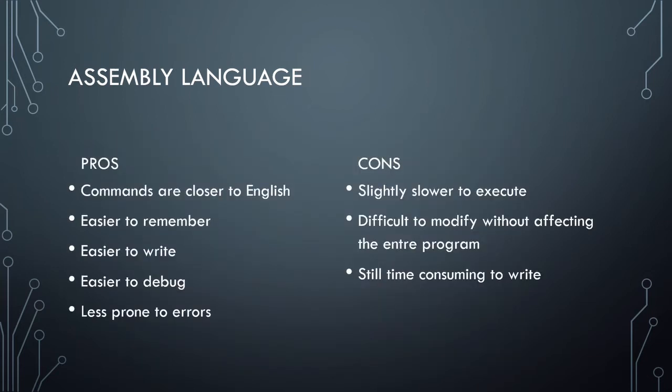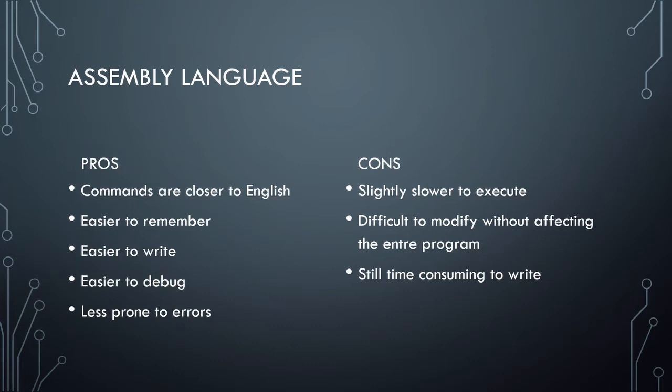So here again is a pros and cons list, this time for assembly language, and you can see that the pros list is looking a little bit better for this one than it did for machine language. In assembly language, as we saw, the commands are a little bit closer to English. Not everything is written out necessarily as an English word, but it's usually some sort of abbreviation or combination of letters that helps the brain recognize what that command is doing.